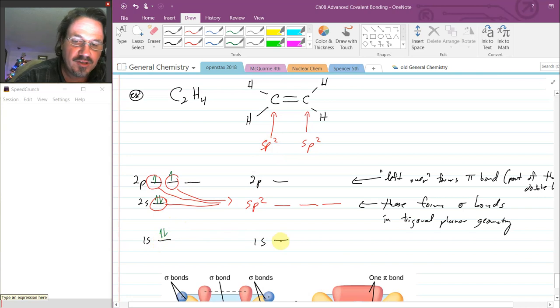The 1s is still a 1s looking like that. And yeah, it's still got its 2 there. Then I take my 2s and a p and another p. Now there's sp2 hybrids, right? So here's the s, here's the first p, and there's the second p. I hybridize those together to give me sp2 hybrids, and there are 3 of them, which is why I've got the 3 lines here.